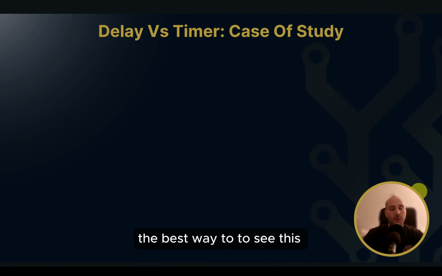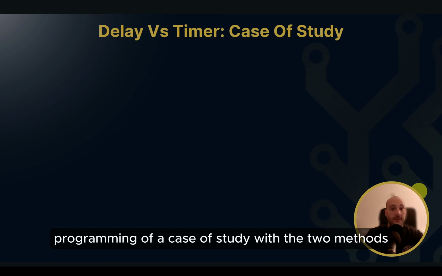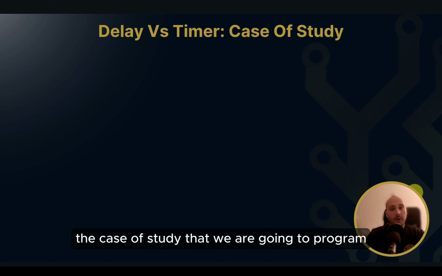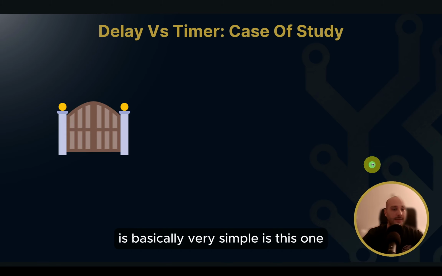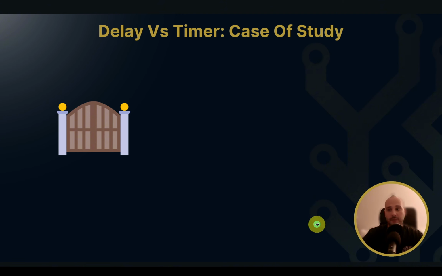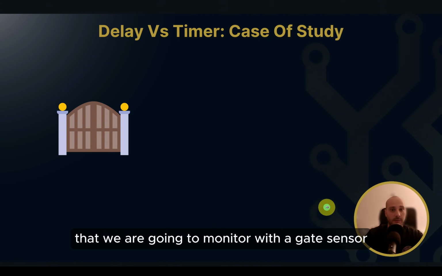The best way to see this in the field is with an example. We are going to make a programming of a case of study with the two methods. The case of study that we are going to program is very simple. We have a gate that we are going to monitor with the gate sensor.